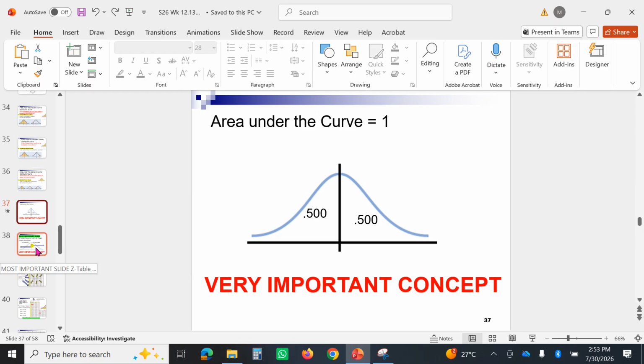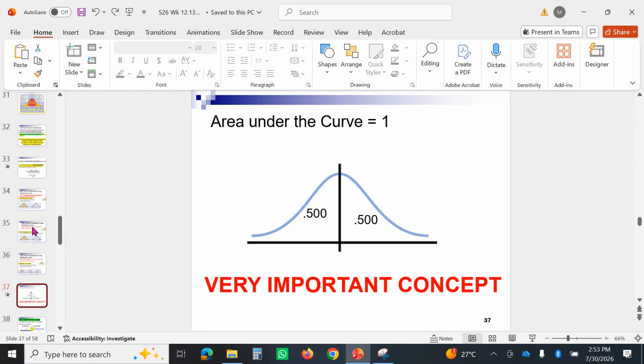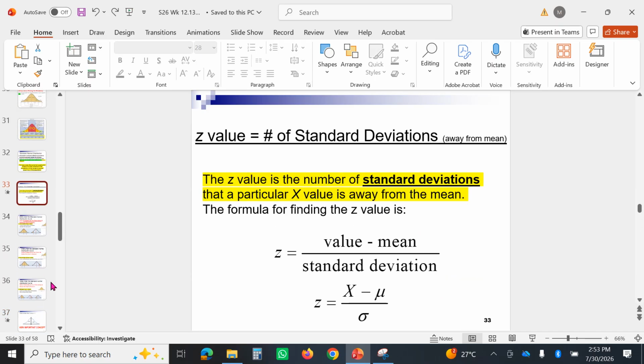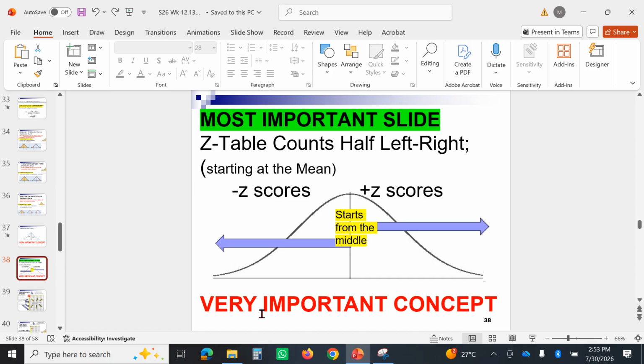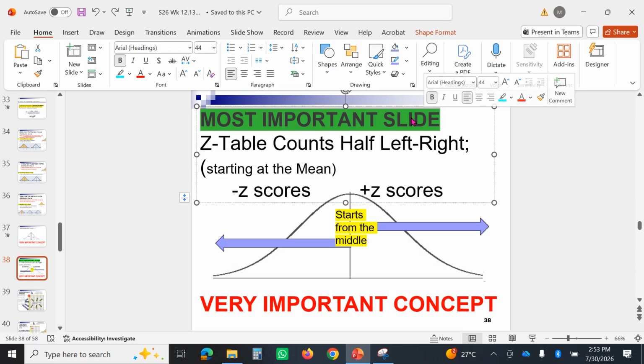Now, an even more important concept is when you are calculating these z-scores. Z is equal to the value, the data point, minus the mean, divided by the standard deviation. Pretty simple formula, okay? But the premise is based on this. The most important slide, you want to get this right. This is the slide that will lead you in the right direction.